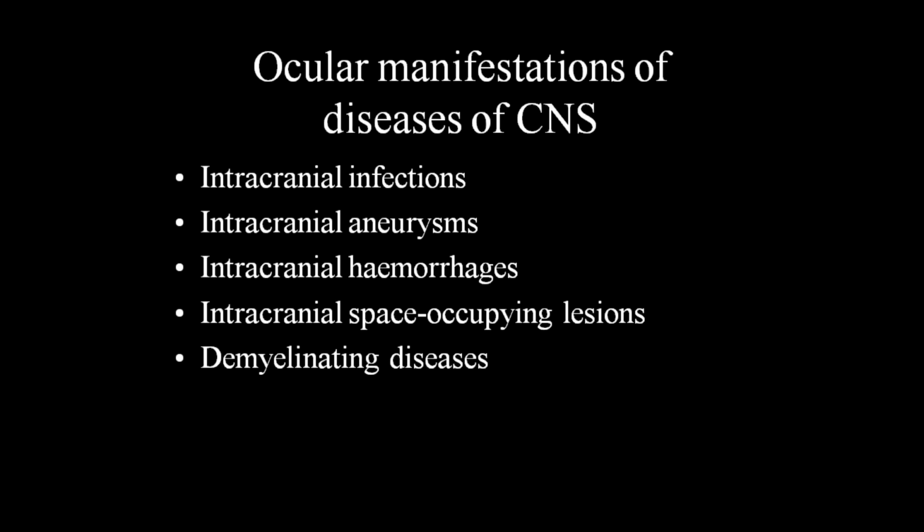The next topic for today's discussion is ocular manifestations of diseases of the central nervous system. What are the diseases which can occur in the central nervous system? There can be infections, aneurysms, intracranial hemorrhages, intracranial space occupying lesions, and demyelinating diseases.